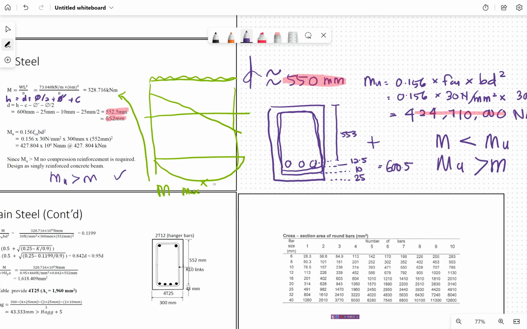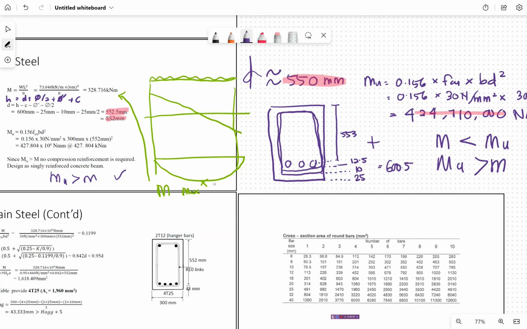Bila kita combine kan, we have a very strong component. Okay, yang boleh resist compression and tension. So, kalau concrete tugas dia boleh resist compression, so we must make sure that the ultimate moment resistance ni to resist compression, it is enough untuk resist compression daripada the loading itself. Moment yang caused by loading. So, M must be less than MU.